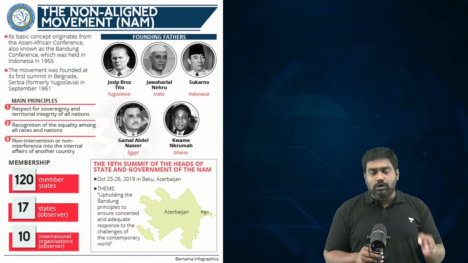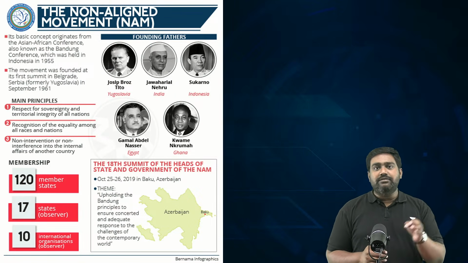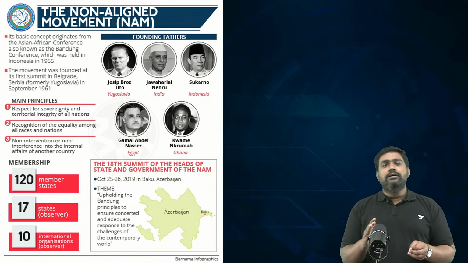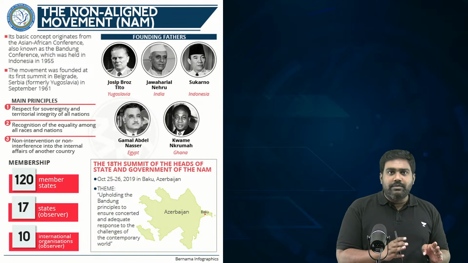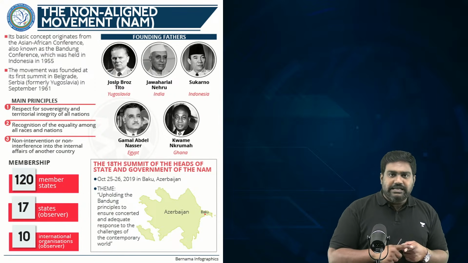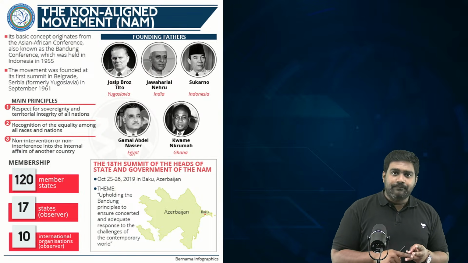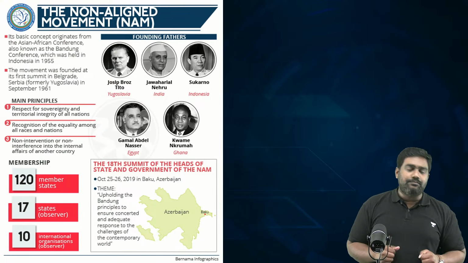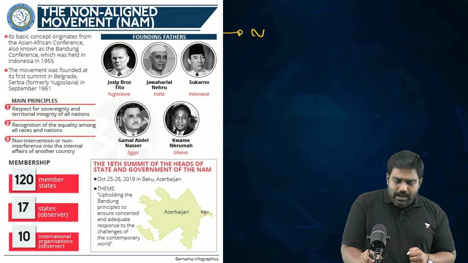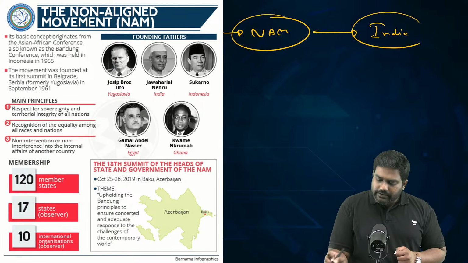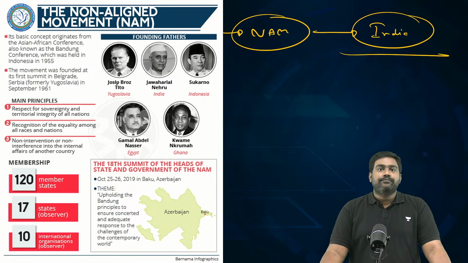More or less, we have followed this from 1947 till now, except for a few exceptions here and there. More or less, Indian governments have followed this principle, irrespective of which party is in power, which government, or which leader, right? More or less, we have followed an independent, autonomous foreign policy. So the non-aligned movement, the NAM, which India championed, in itself was an example of this.